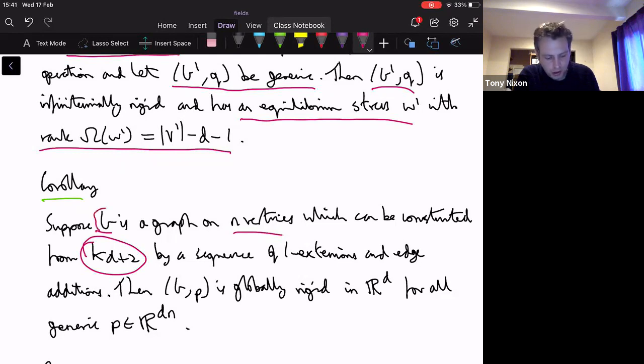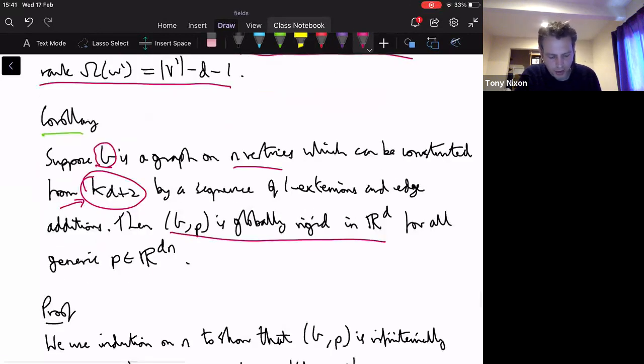So K_{d+2} is the easiest thing to check has a full rank stress, but if you want, you can check any graph for yourself and find it has a full rank stress generically, then you replace that K_{d+2} with that graph and you have the same corollary. You get some graph from this sequence of operations. It can be very large, very complicated, but from what we've been talking about, we now know that it's globally rigid in d dimensions for any generic realization P.